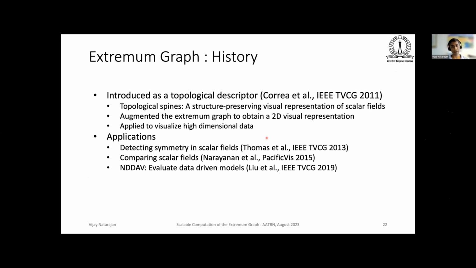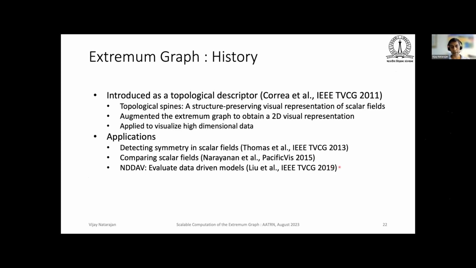Following this, there have been several applications of the Extremum graph. For example, to detect symmetry in scalar fields, both in time-varying scalar fields, essentially tracking features in time-varying fields. For comparing different fields by designing a distance measure between Extremum graphs.